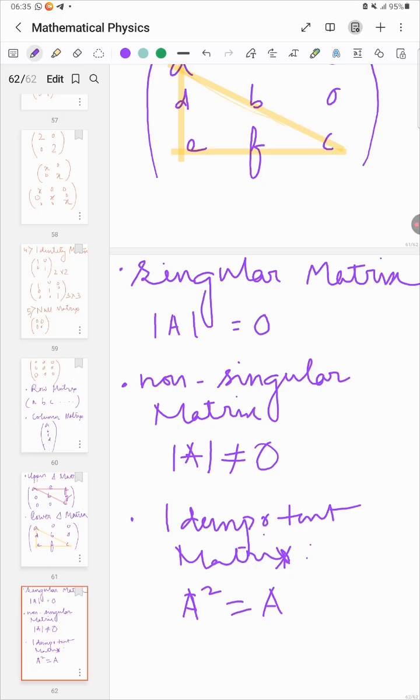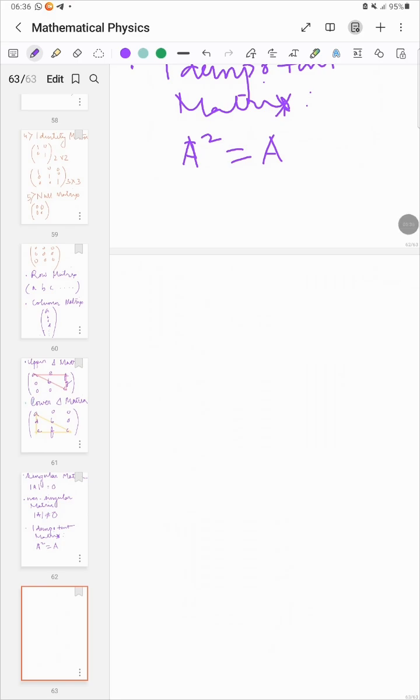That is basically a matrix whose square has the same value as itself. Now let us look at the interesting feature of this idempotent matrix. Let us consider A to be an idempotent matrix. So it will satisfy the above said equation that A square is equal to A.